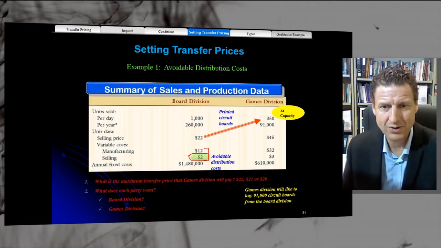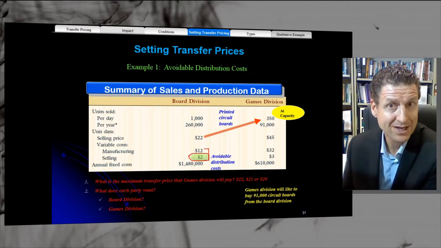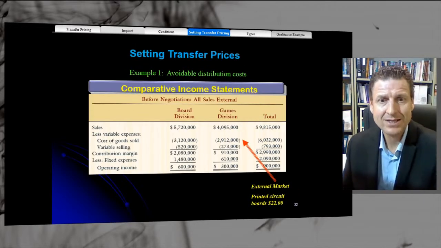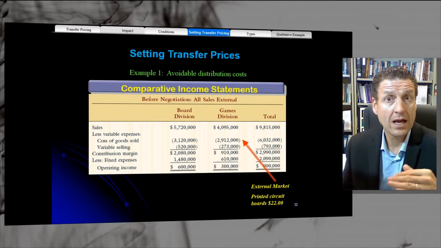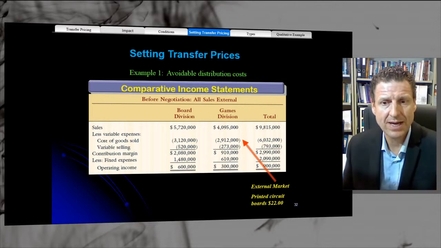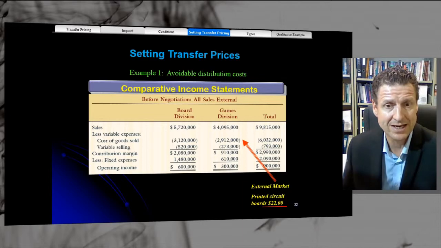All right, so let's have a look at some of the options that we have here. So one comparison is the external market printed circuit boards at $22. So board division is selling to games division for $22, and there we have the operating income of board division, games division, and the total of $900,000. So the actual cost of goods sold is $3,120.